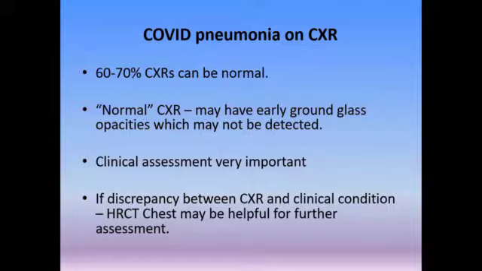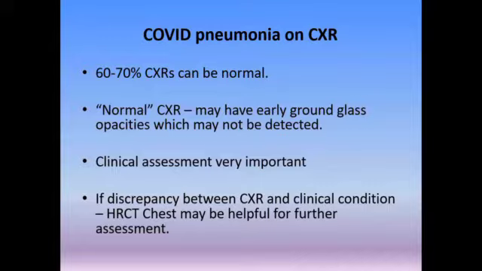When you come to the chest X-ray findings in COVID pneumonia, I have said that 60 to 70% of chest X-rays can be normal. This is actually based on some of the studies we did earlier on in this COVID pandemic. But that, I must say, depends on at what stage the patient is admitted to hospital. Earlier, last year maybe, I think all the patients were admitted to hospital.